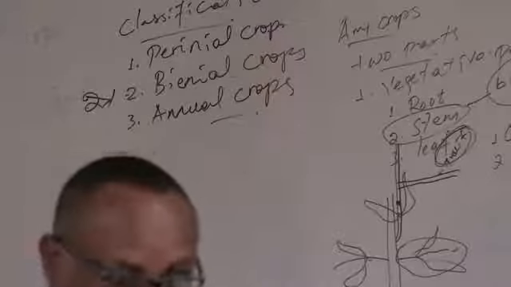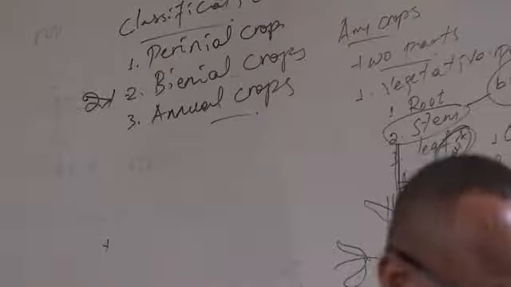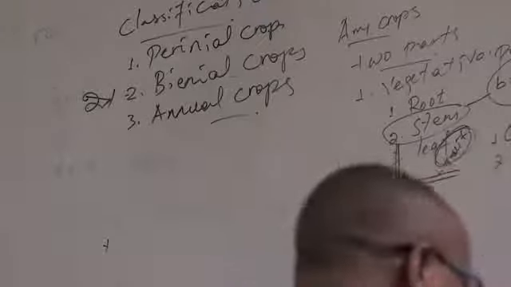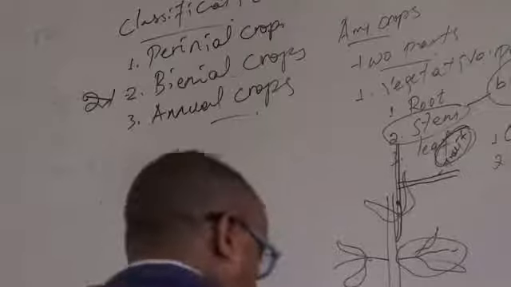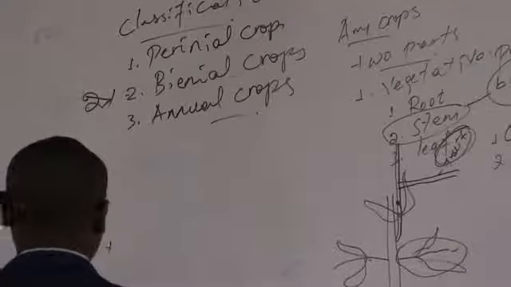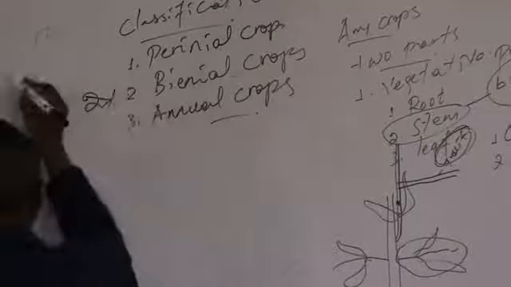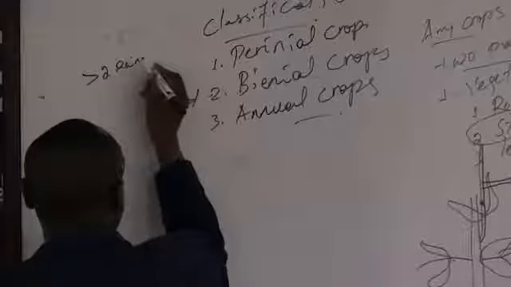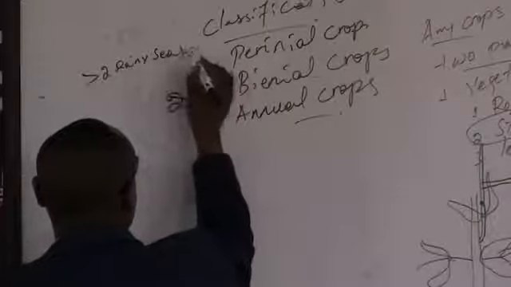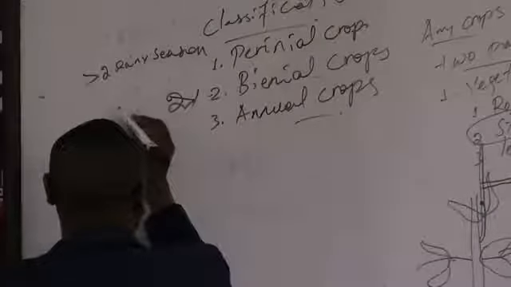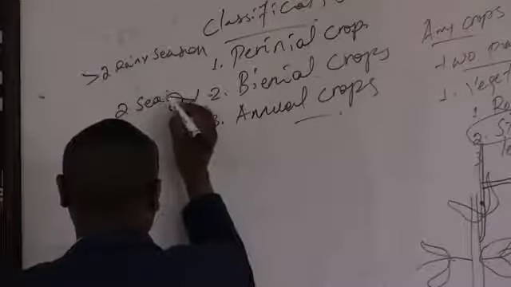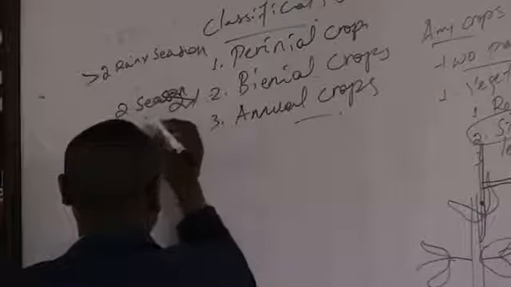If the crop requires one season to give a flower, fruit, or seed, it is called an annual crop. If it needs more than two seasons, it is called a perennial crop. These are rainy seasons: two rainy seasons, or more than two rainy seasons.